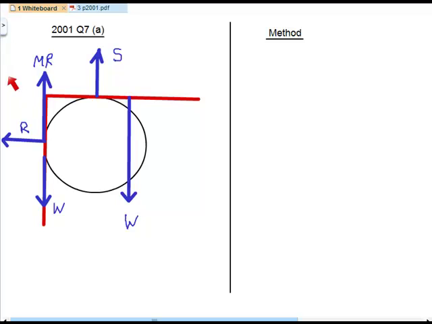Also, at this point here, it would slip outwards like so, so the friction must be pulling it back in. There must be a friction force pulling in like this, and that friction force is μS.